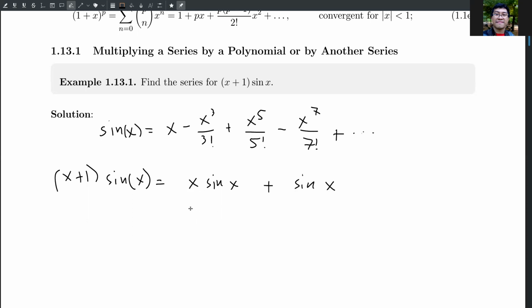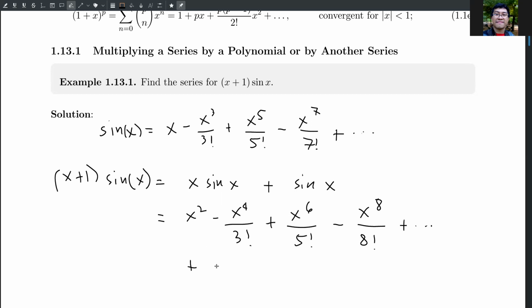First x times sine of x: that's x squared minus x to the power of 4 over 3 factorial plus x to the power of 6 over 5 factorial minus x to the power of 8 over 7 factorial, and so on, plus the original terms x minus x cubed over 3 factorial plus x^5 over 5 factorial minus x^7 over 7 factorial, and so on.